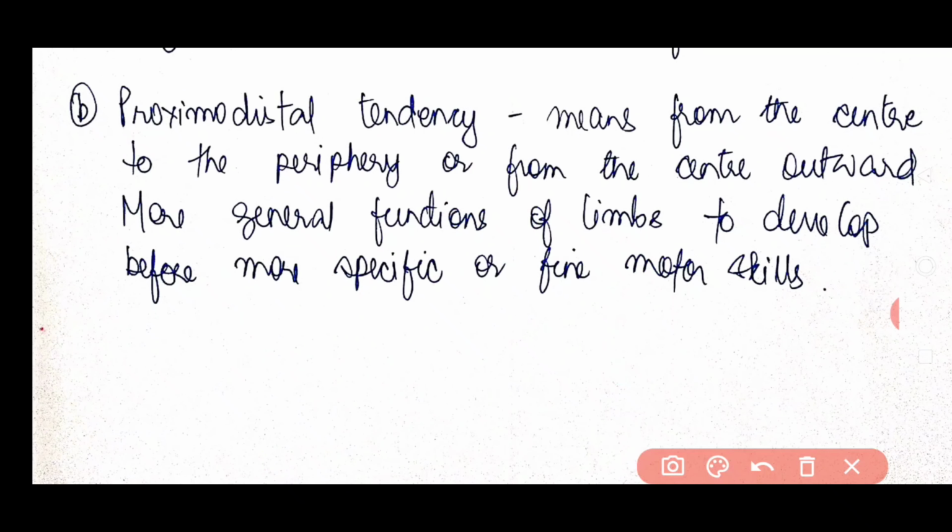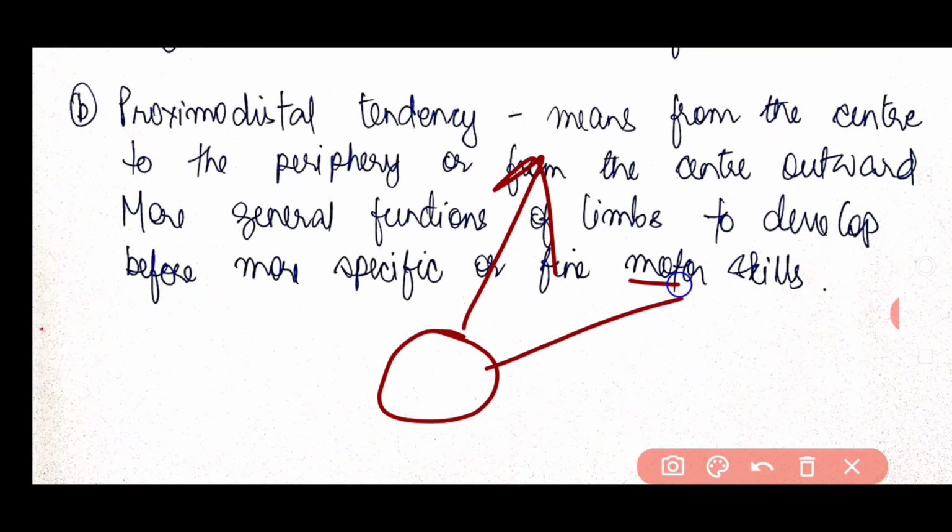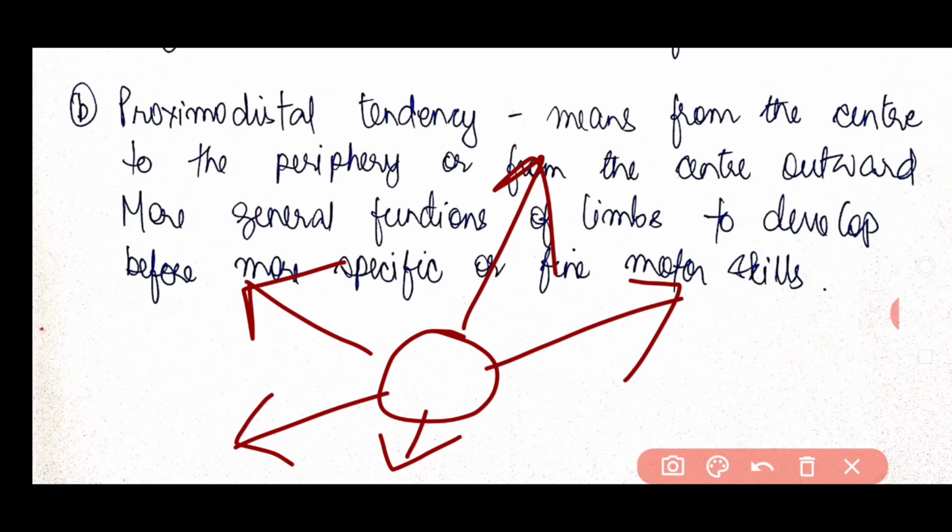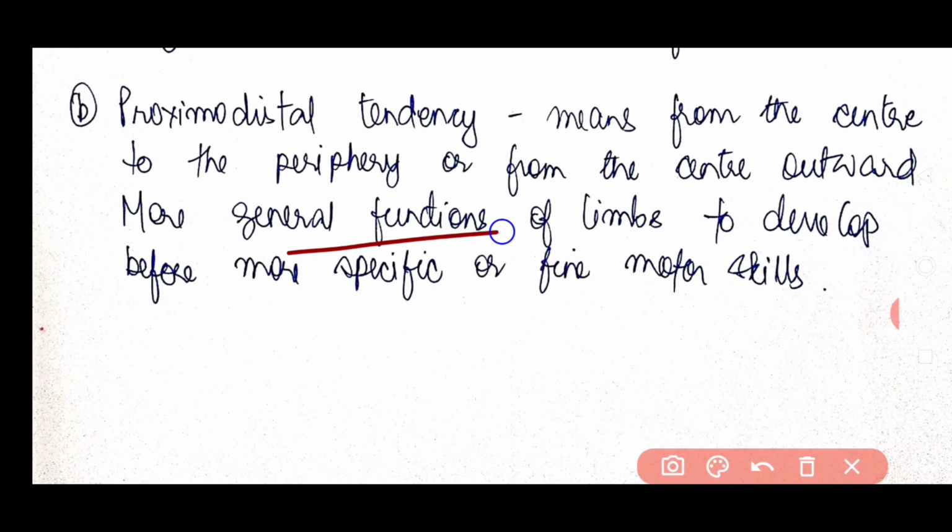Next, we have proximodistal tendency, which means from the center to the periphery or from the center outward. More general functions of limbs develop before more specific or fine motor skills.